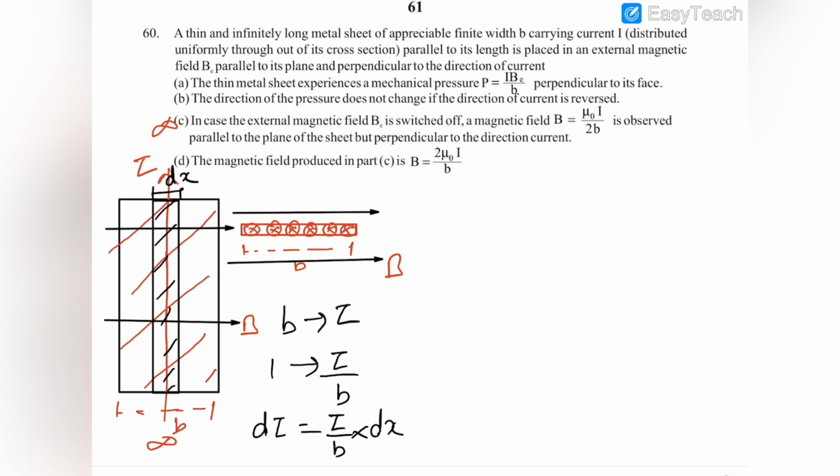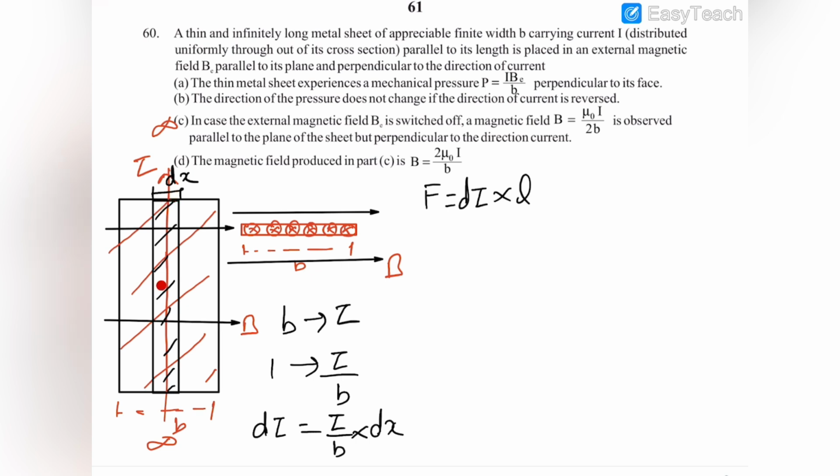I can assume that this is an infinitely long current carrying wire, so let us find the force on some part of this wire of length L. The force is current times length times magnetic field, where the current is di.